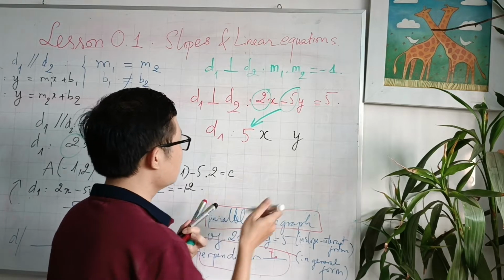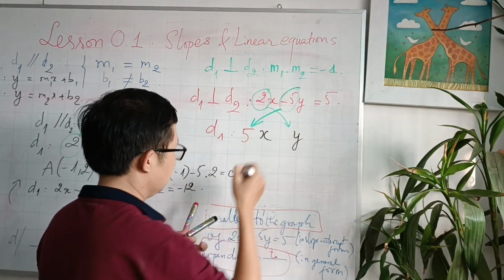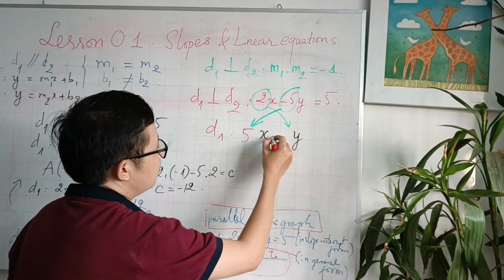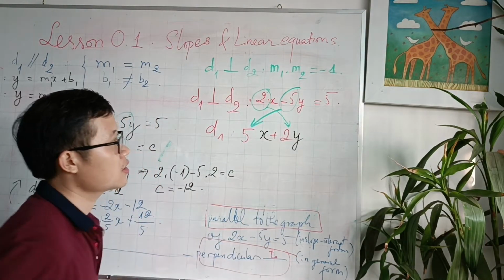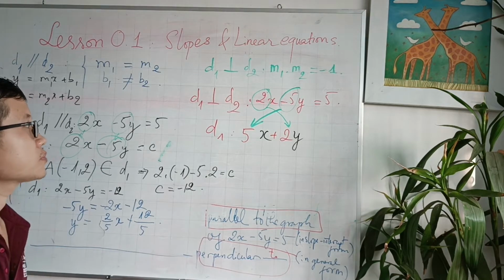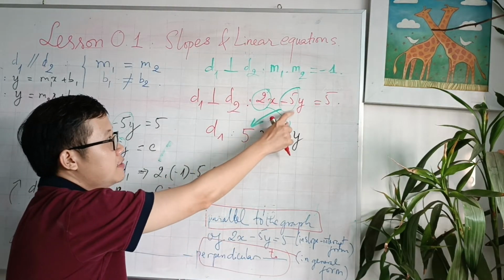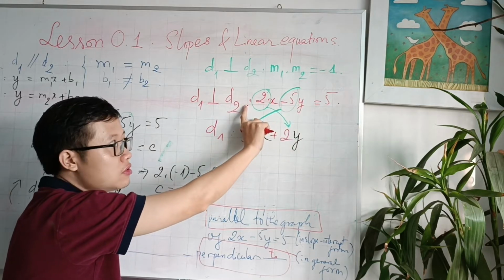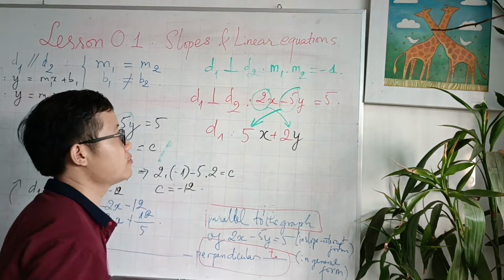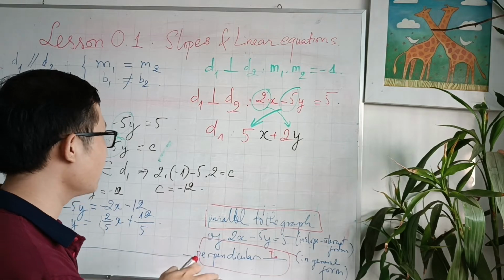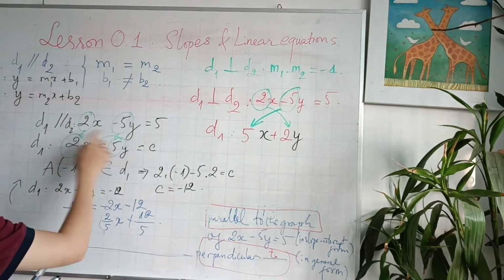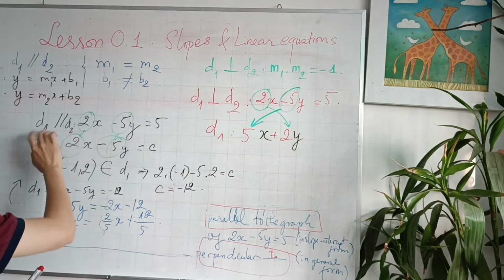And 2 here. We rewrite these coefficients, because we change the sign of -5, and 2 will not change the sign. And we can apply the same way to write D1 as in question C.